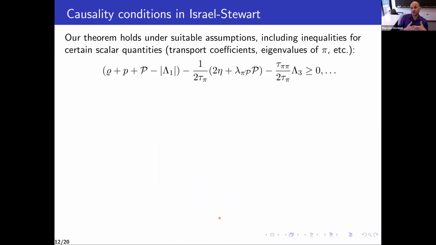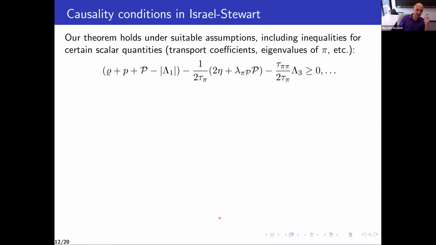Now, let me point out something very important. Throughout this talk, I'm going to always state my theorems in a very informal way. So I'm not going to state all the technical assumptions and so on. But of course, there are some specific quantitative assumptions that go into these theorems.